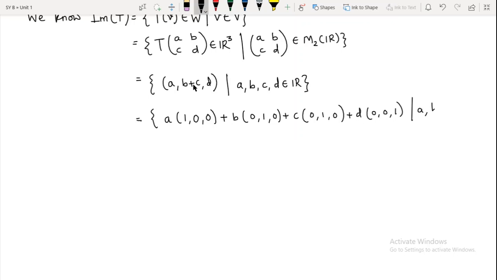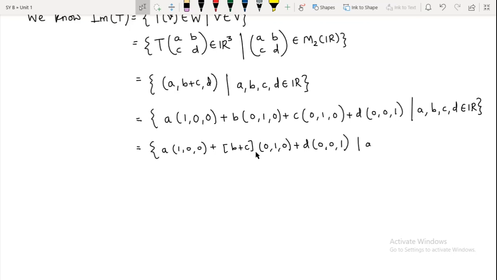Such that this A, B, C, D belongs to what? R. So which is further equal to, now note one thing again, if you observe this second term and third term, you can see one point to be common, and which is that point? 0, 1, 0. So that can be taken out, right? So therefore this is equal to the set of all A 1, 0, 0 plus this B plus C in one bracket, and the point is 0, 1, 0 which we have taken common, plus D 0, 0, 1, such that this A, B, C and D belongs to what?